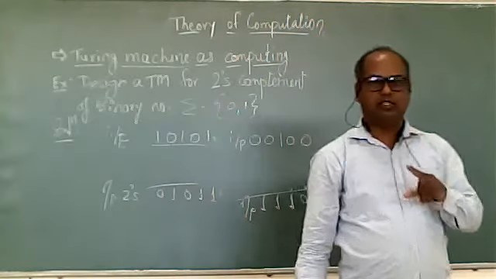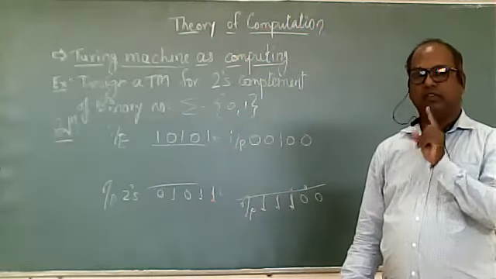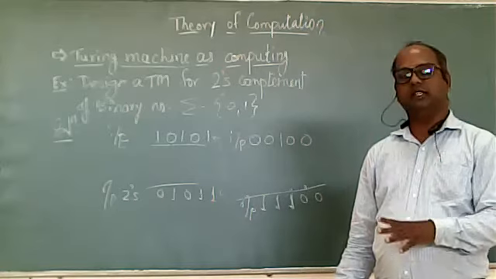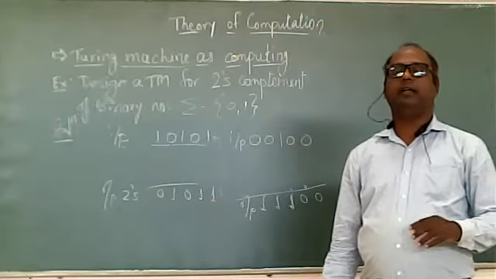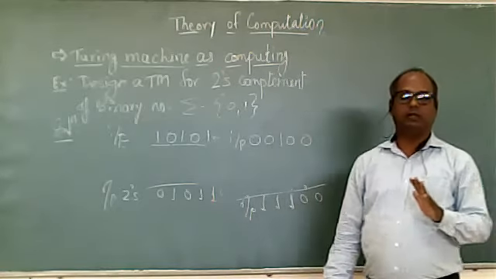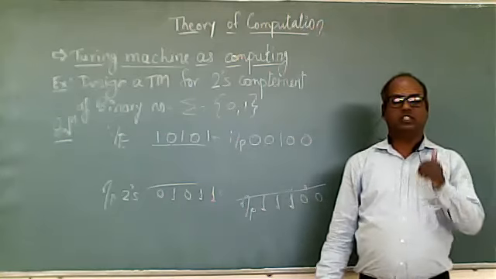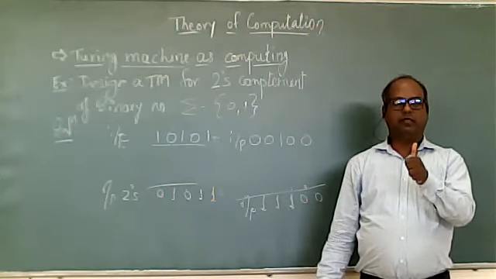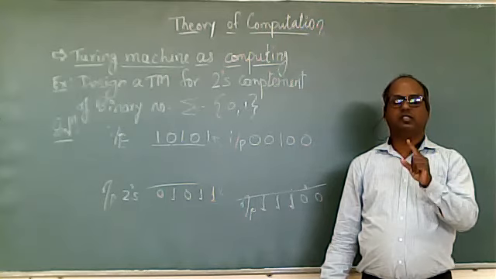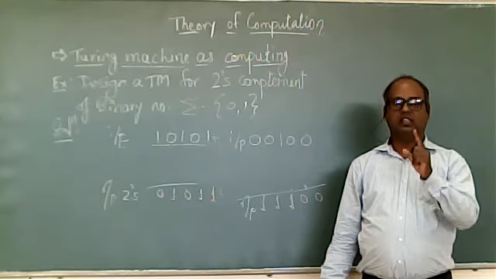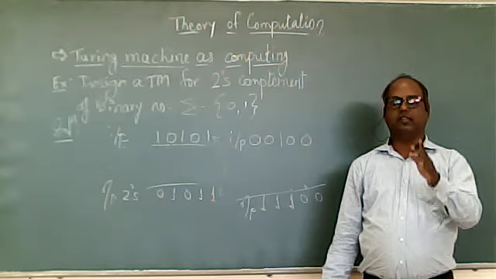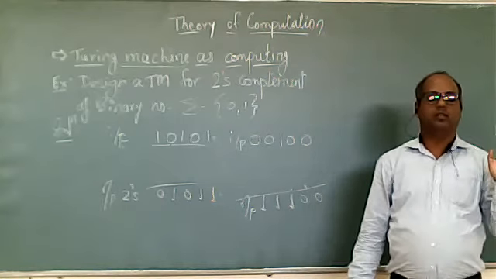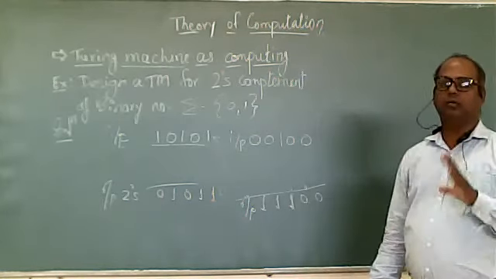When we get the first one from the right hand side, keep that first one as it is, and after that, complement everything. So my logic is: skip everything till the first one, keep the first one as it is, and after that, complement everything. This is the logic of two's complement.